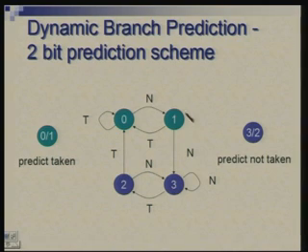Okay. So, in state 1 also you will predict that the branch is taken, and if it turns out to be true, you get back to 0.